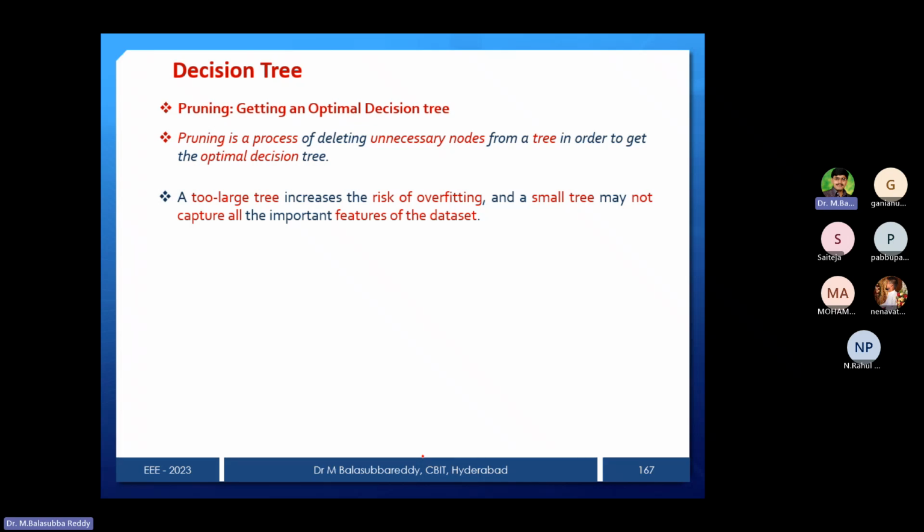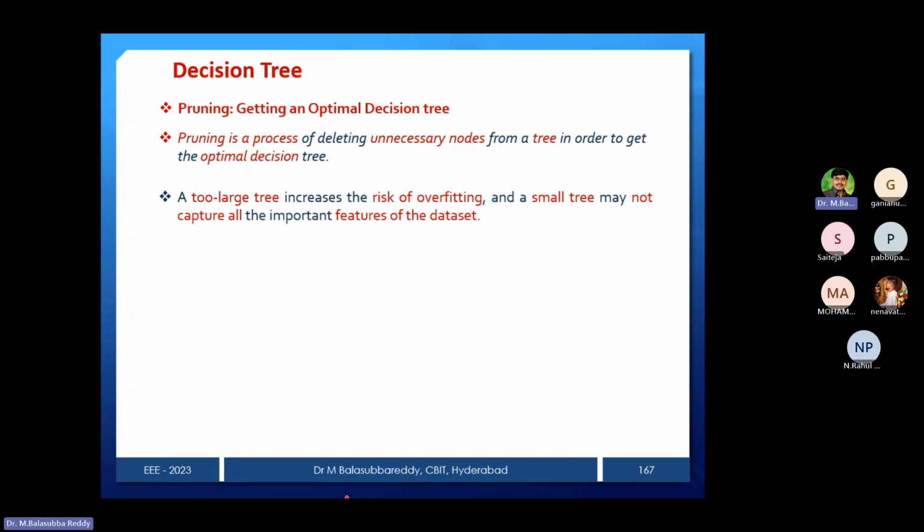A large tree increases the risk of overfitting. That is also a problem. If huge data is used to train, then it is going to overfit. Once the model is overfit, it performs better on training, and then for testing the performance is not the best. That is the risk that will be there. Another risk is that a small tree may not capture all the important features of a data set.